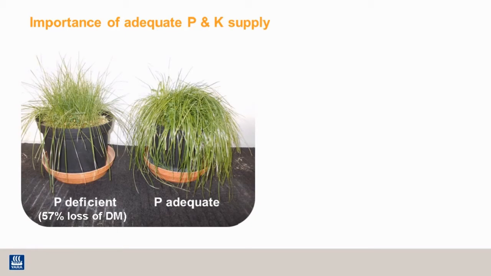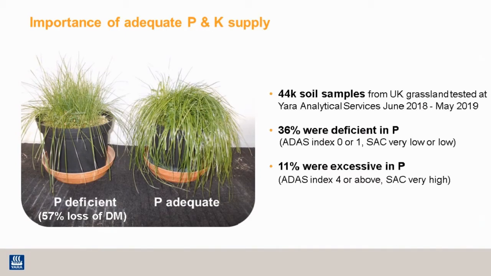And you can see the effect on dry matter yield as that grass has failed to establish. So identifying and correcting a low P index is critical. Yet over a third of the grassland soils we see through the lab are classified as deficient. And I would say equally concerning from an environmental perspective is the 1 in 10 soils that demonstrate excessive levels. So please keep an eye on these P and K indices.